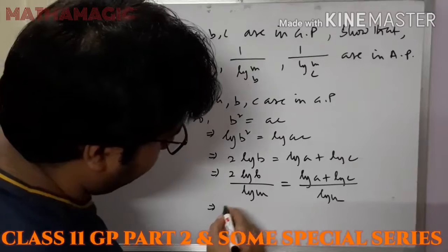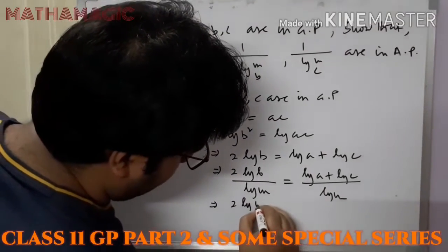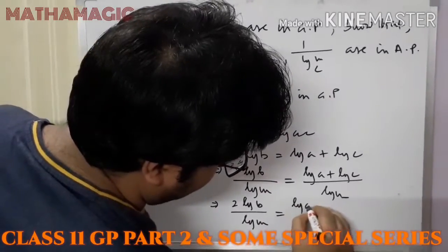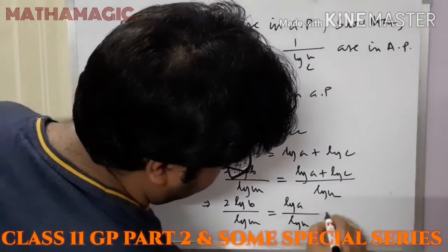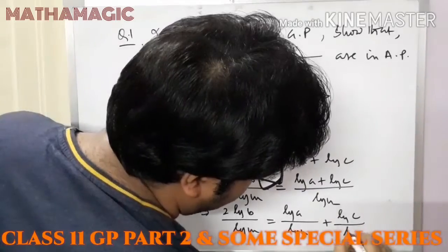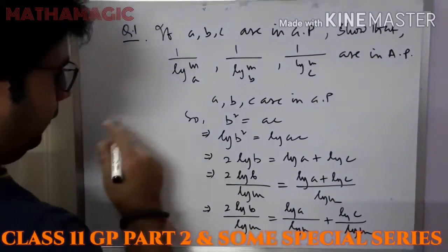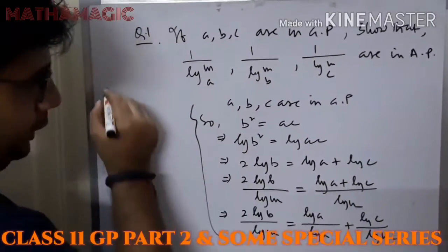Now if you do this, log B by log M becomes log A by log M plus log C by log M. Now from this I will just continue here only.